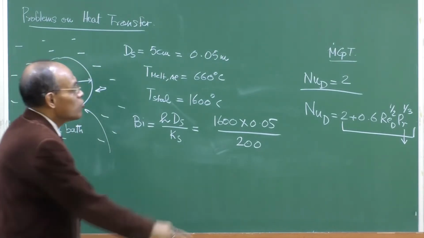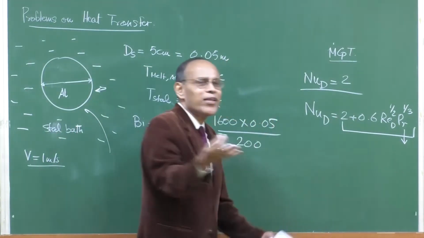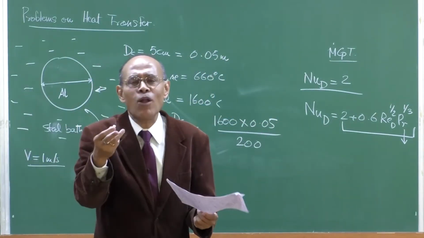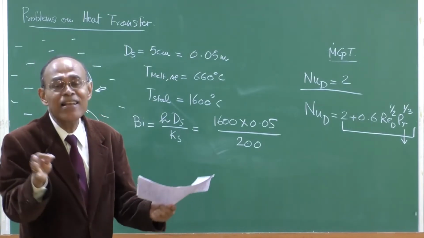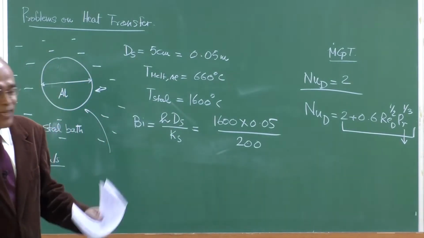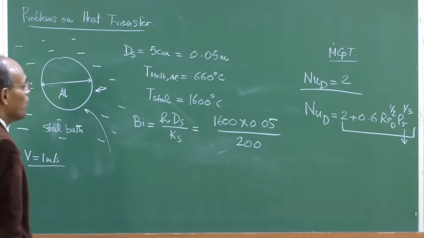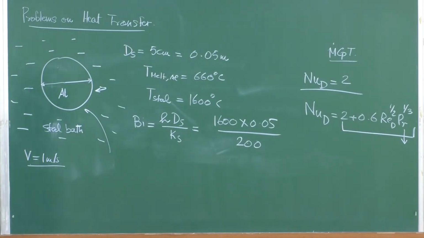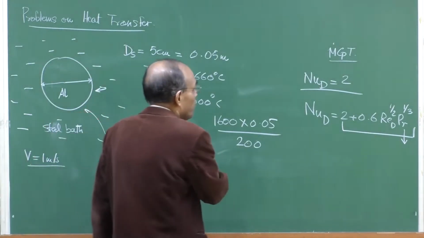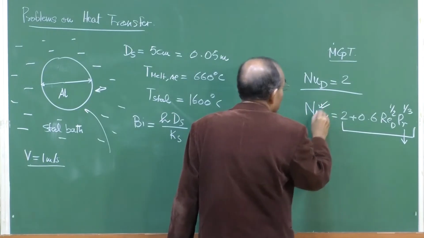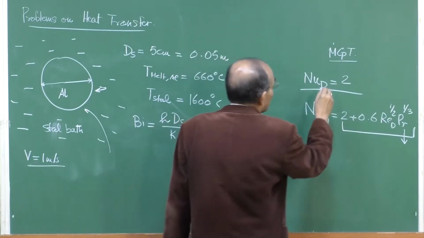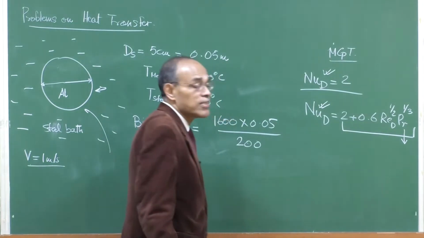So, the Nusselt number can be calculated. Whether it is a moving fluid problem or a stationary one, there is conceptually no difference as far as the problem I am discussing is concerned. So, with the given velocity we can calculate the Nusselt number, or alternatively if there is no velocity we can specify that the Nusselt number is equal to 2.